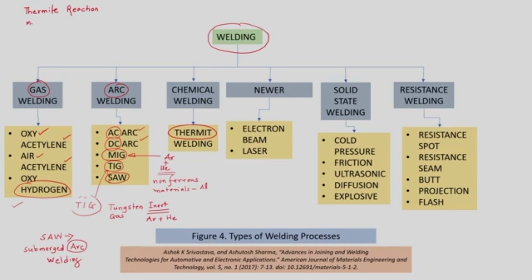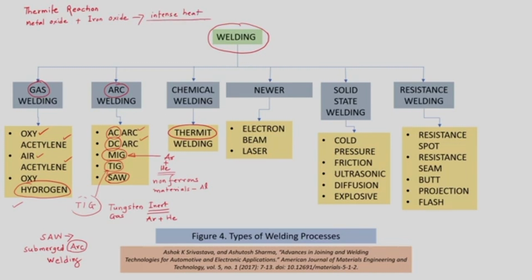So, when we have the reaction between metal oxides and iron oxides, an intense heat gets generated. So, this is leading to intense heat.